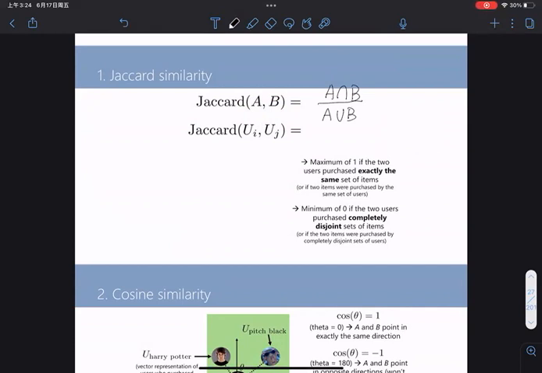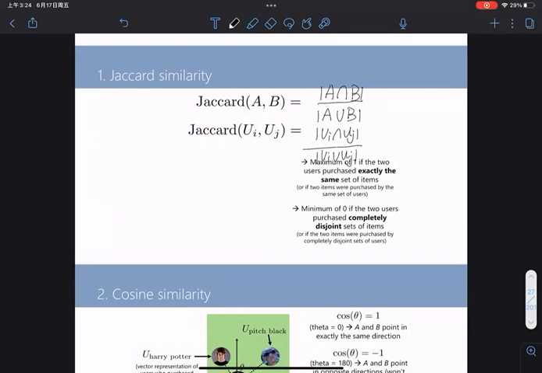We only consider the number of the results in total. So we use the norm right here. And it is the same thing for the U subscript I and the U subscript J. It will be U subscript I intersection with U subscript J, divided by U subscript I union with U subscript J.